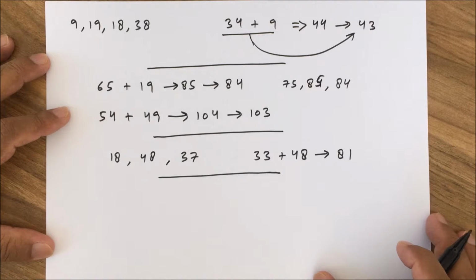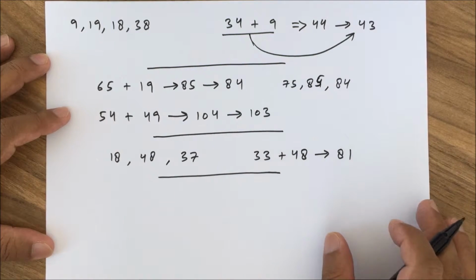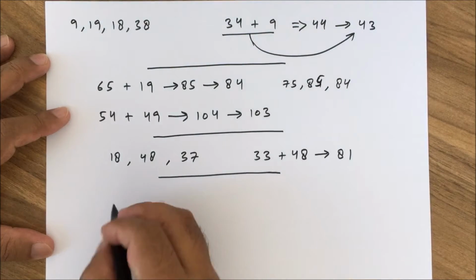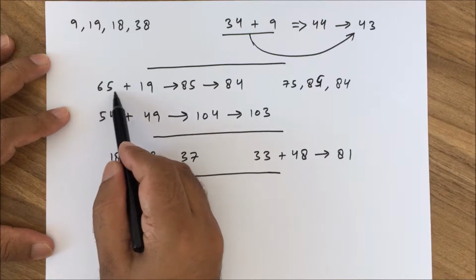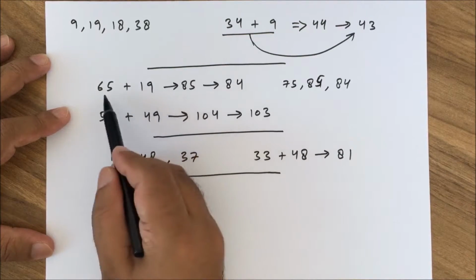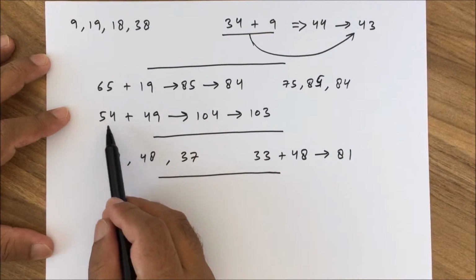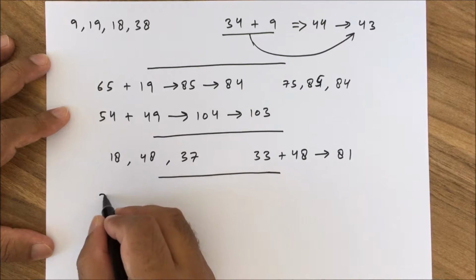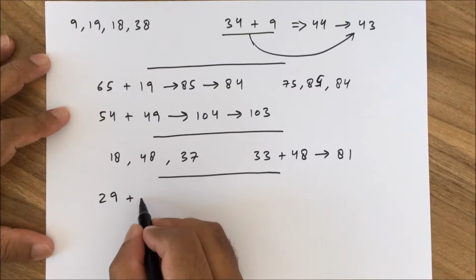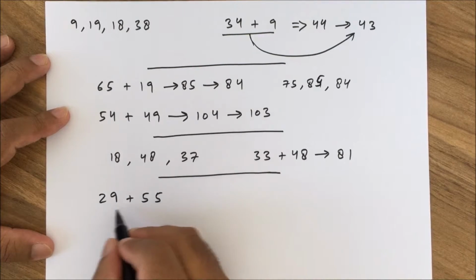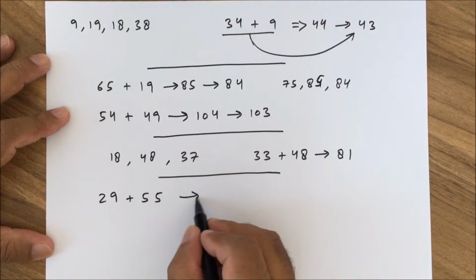I don't say that the numbers that end in 9 or 8 always come second. I did 65 plus 19, so 19 was after 65, and 49 was after 54. It's not necessarily the case every time. Let's say we do 29 plus 55, it's the same thing.